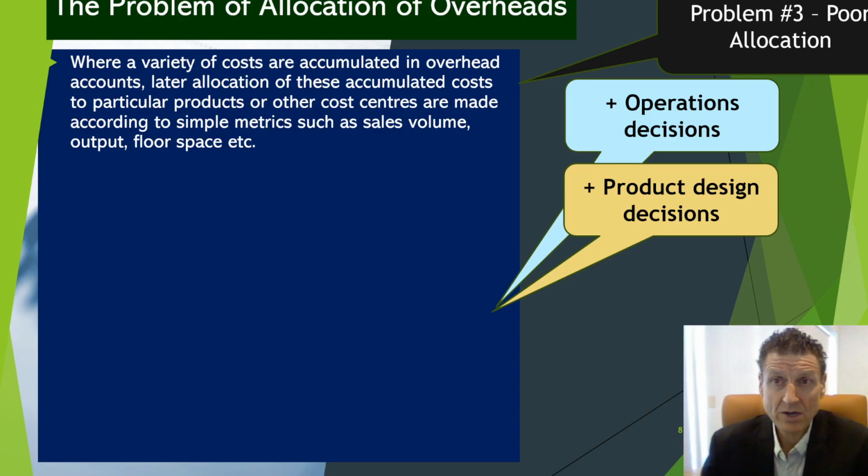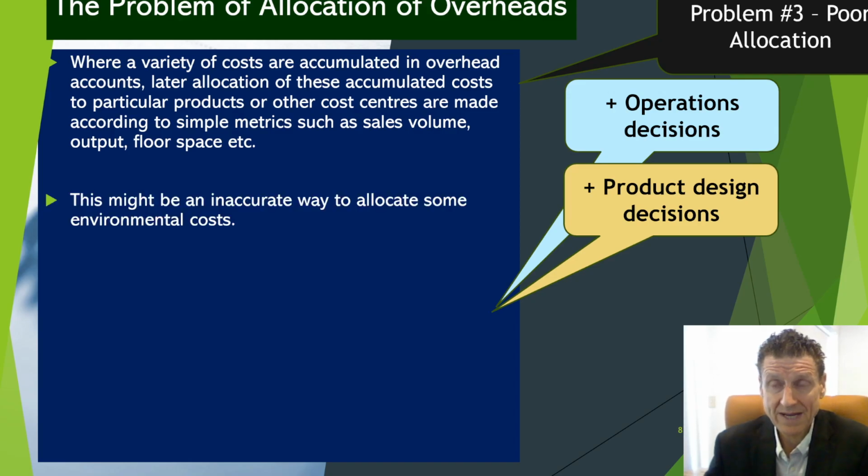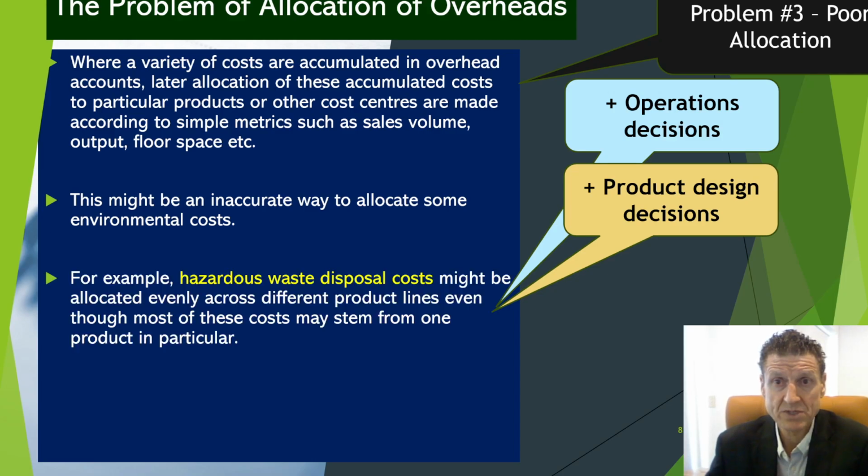Where a variety of costs are accumulated in overhead accounts, the later allocation of these accumulated costs to particular products or other cost centers is made according to simple metrics such as sales volume, output, or floor space. This might be an inaccurate way to allocate some environmental costs.